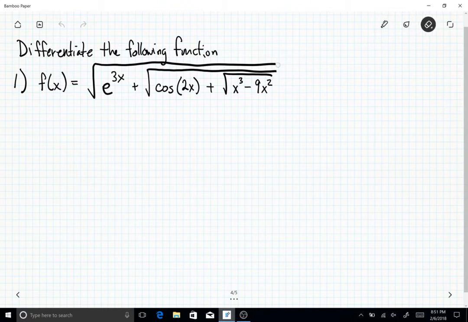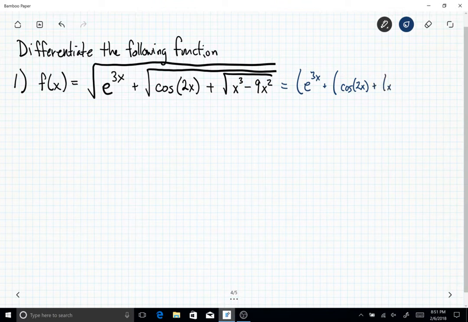Let me erase some of this, and we'll try and make it nicer. So what does this become? Another way to write it is e to the 3x, and this is going to be a whole quantity raised to the 1/2, plus cosine of 2x plus an x cubed minus 9x squared, and that one is raised to the 1/2, but then we'll close off that one with the cosine, that thing's raised to the 1/2, and then we'll close off that thing with the e to the 3x, and that thing's raised to the 1/2.